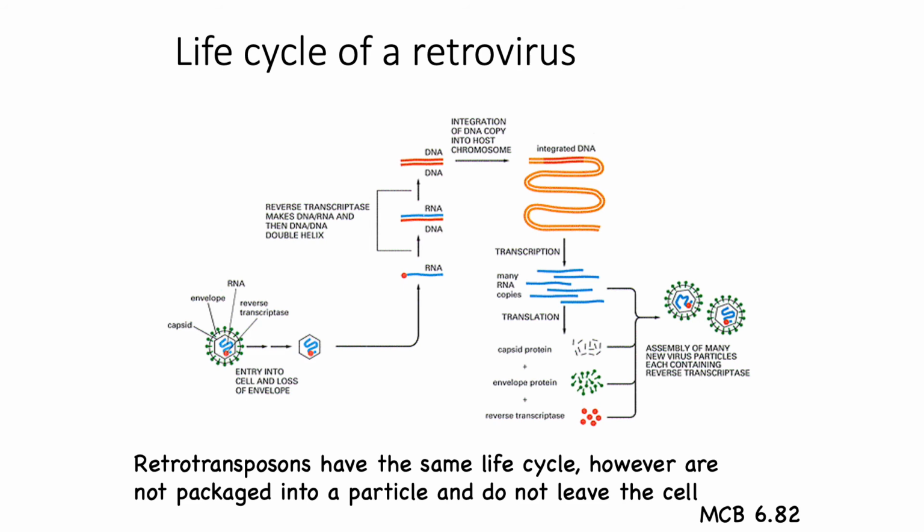So in this way, retrotransposons tend to accumulate more and more over time in a cell. Some organisms, some cells have a huge fraction of their genomes that are retrotransposons. And in fact, these LINEs and SINEs that we see in humans are retrotransposon-like elements.